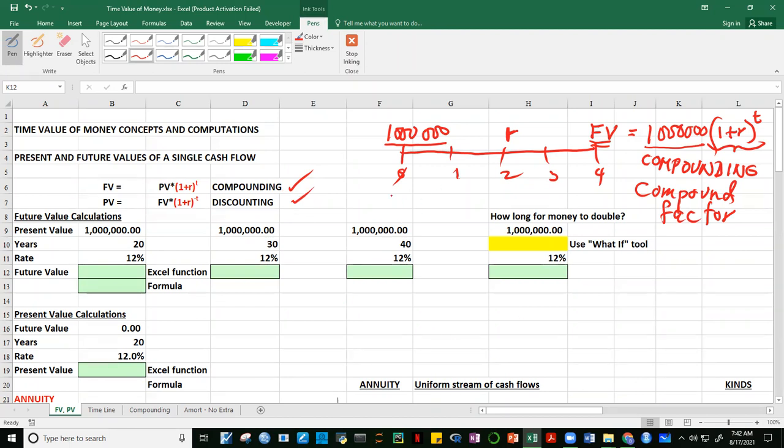So to get the present value, we use the formula PV is equal to whatever your value is, let's call it M, and then you multiply it by the factor 1 plus R raised to the negative T. The 1 plus R raised to the negative T is called your discount factor.